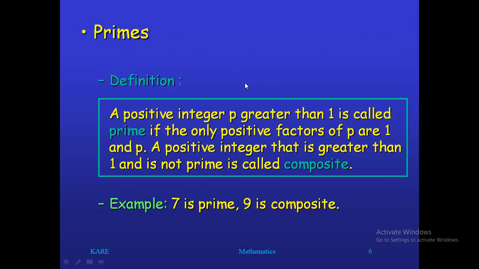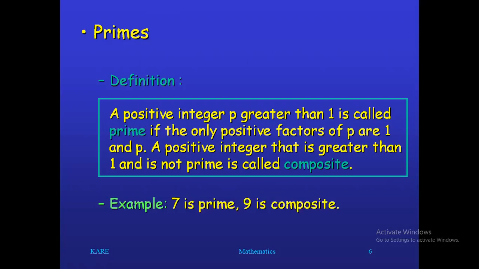Next, primes. A positive integer p greater than 1 is called a prime if the only positive factors are 1 and p. So when we call a number a prime number, it should be greater than 1.